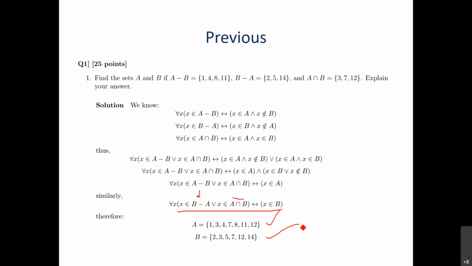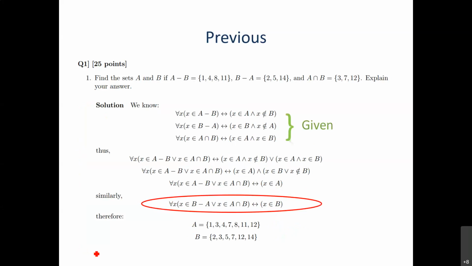And it's kind of tedious to write all of this, right? In order to prove this simple thing, that the elements in A are in A minus B or the intersection, we had to write all of this. So this was your given, this was your conclusion. Or is there another way?